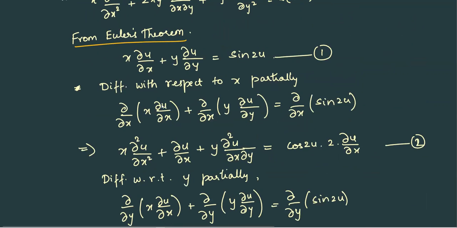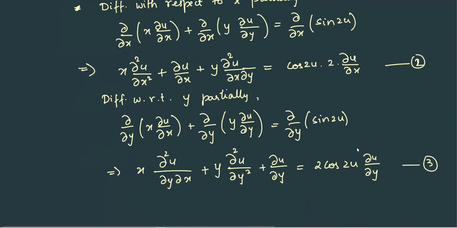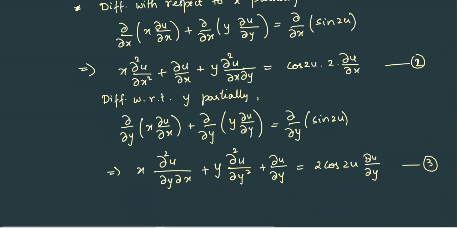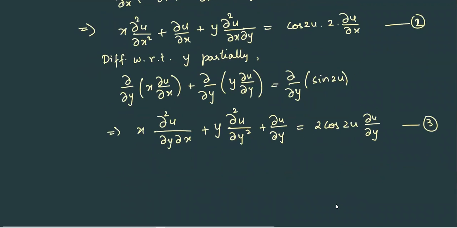Let us do it like this now. We already know this expression, x ∂u/∂x plus y ∂u/∂y. You can multiply the second equation with x, the third equation with y, and add.